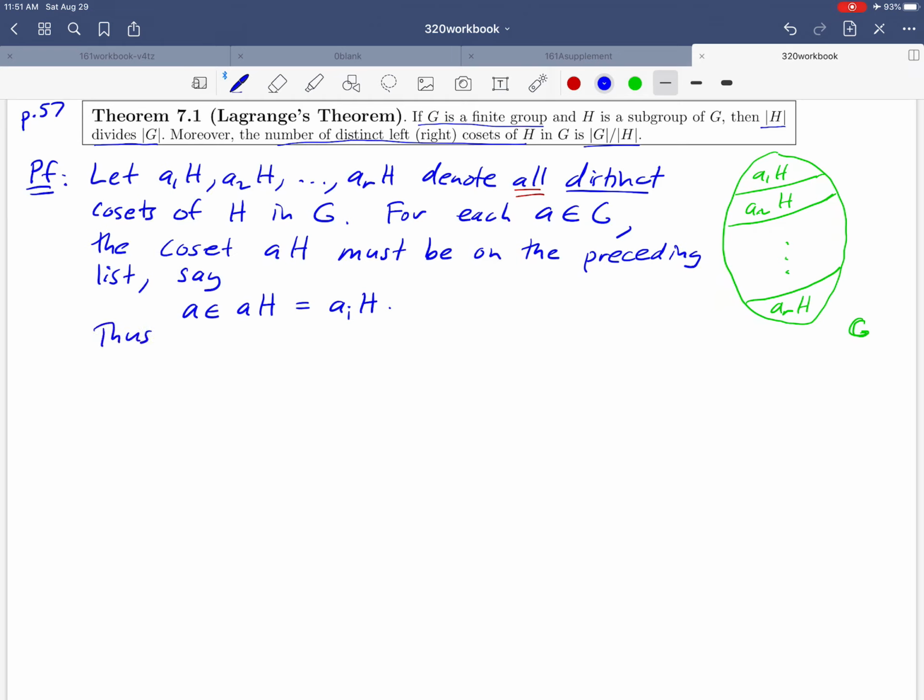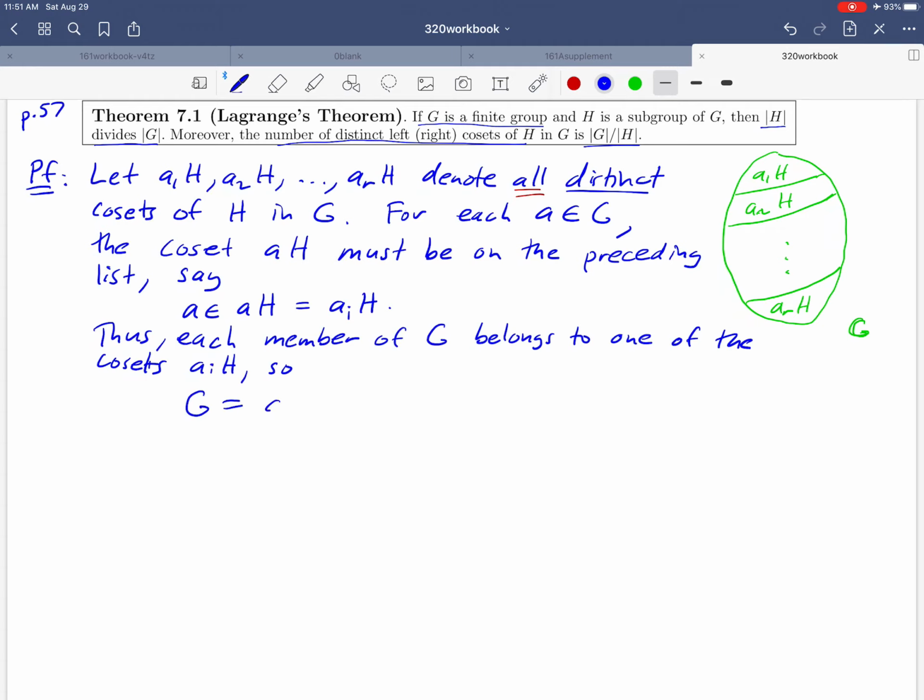Let's write that down. What that's describing is the fact that the entire group G can be written as a union of all of those cosets. Our picture is telling us that anyway. We've just confirmed that.